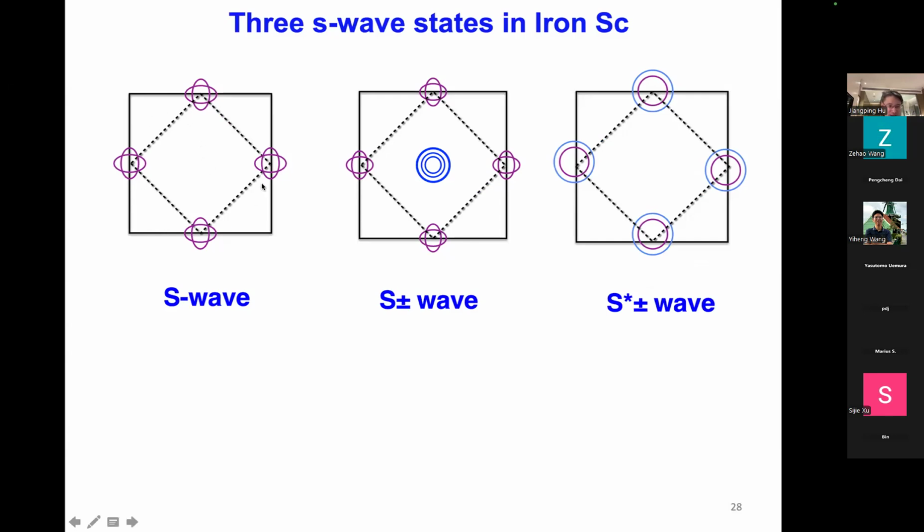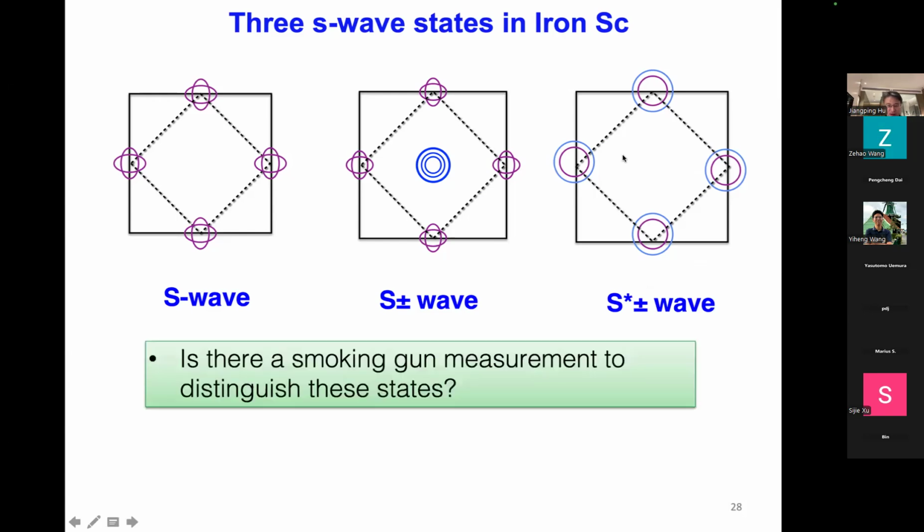One is without a hole pocket, just conventional S wave with no sign change. With a hole pocket, you have S plus minus, where the hole pocket and electron pocket have a sign change. Then there is also another S star plus minus wave, in which the two electron pockets have a sign change. So these are the three states.